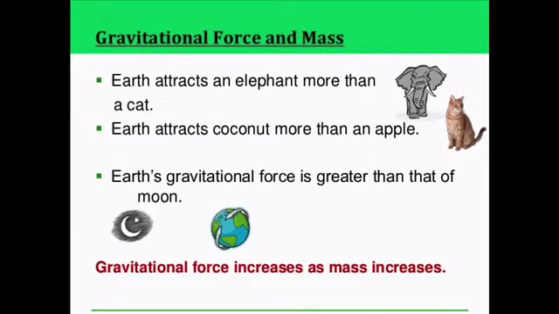It is 6 times greater than the moon. If a person weighs 10 kg on the moon, the same person will weigh 60 kg on earth. In this way, gravitational force depends on the mass of the object. The more the mass, the more is the gravitational force.